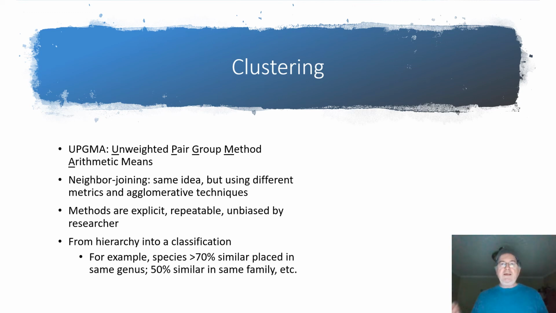And so I can give the same set of data to somebody who knows nothing about the group, tell them, okay, you're going to use a simple matching coefficient on these binary data and construct a UPGMA tree. They will come up with exactly the same results, minus my arithmetic errors. So it's unbiased by the researcher.